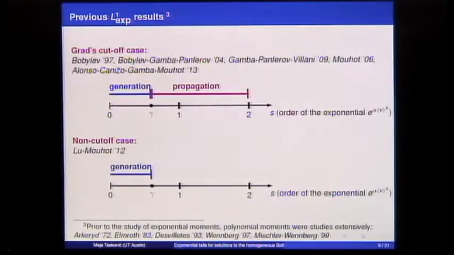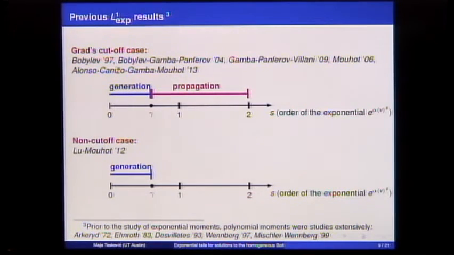And so what are the previous results? I always talk first about L1, because then L infinity follows. Under the Grad cutoff assumption, it was Bobylev who first looked at the generation and propagation of exponential moments. Then there was a series of works by Bobylev, Gamba-Panferov, Gamba-Panferov-Villani, Mouhot, Alonso, Cañizo, Gamba-Mouhot, among others.